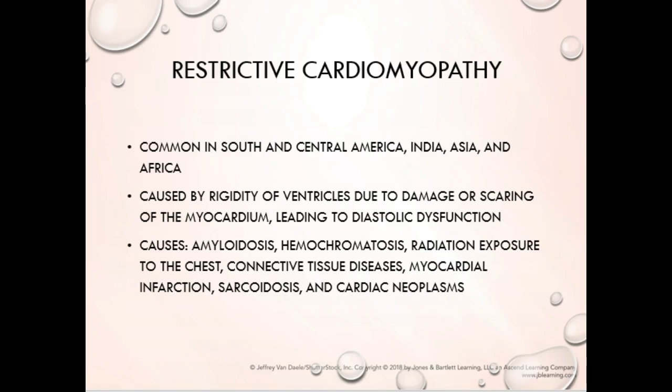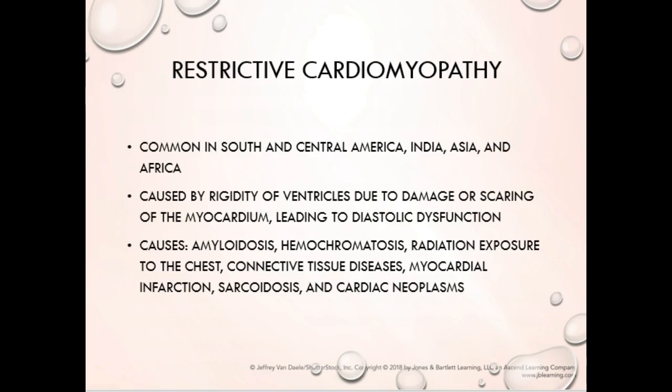When you have too much iron, or if you have a disease where you can't process iron appropriately, hemochromatosis is that disease, you can actually start to deposit iron into the tissues of the body. And we like to deposit into the liver and the heart muscle, and this actually will scar the heart muscle. So you get more of a restriction in the ability of the heart to function.